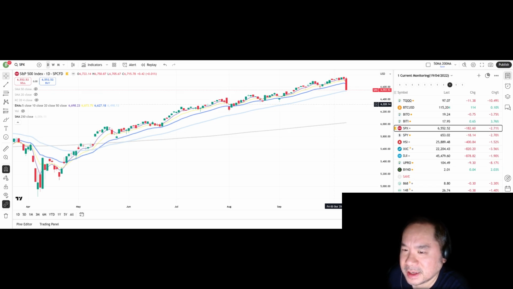Rare earth is very important in making cars, EVs, electronics, and also defense, the weapon systems like rockets. Military weaponry requires a lot of rare earth. So without rare earth, the USA is in trouble too.